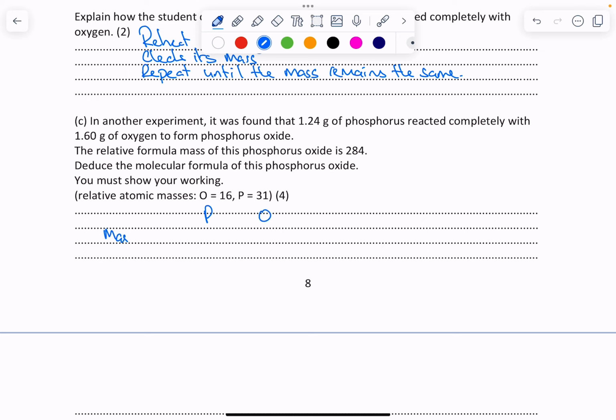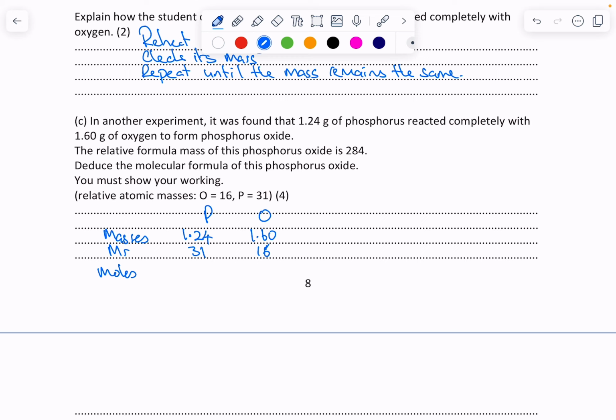Let's put the masses down initially. So mass of phosphorus is 1.24 and we've got 1.60 grams of oxygen reacting. Then we're going to put the Mr, so phosphorus is 31, oxygen is 16. And from this, we are going to work out the moles.